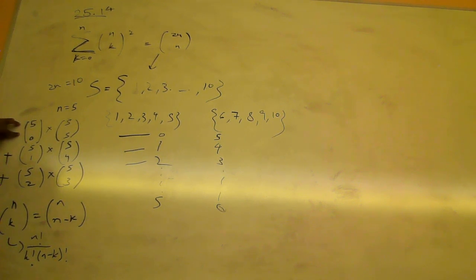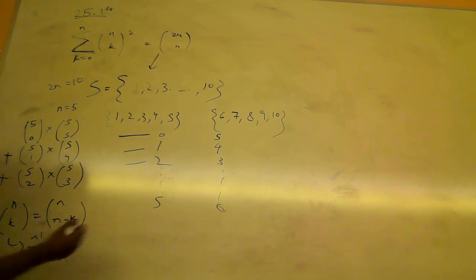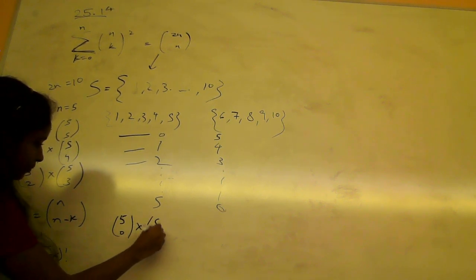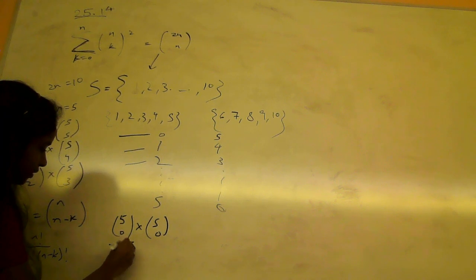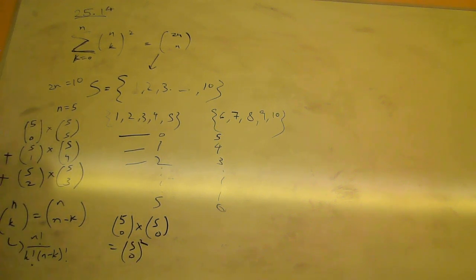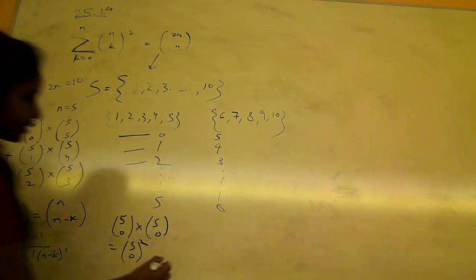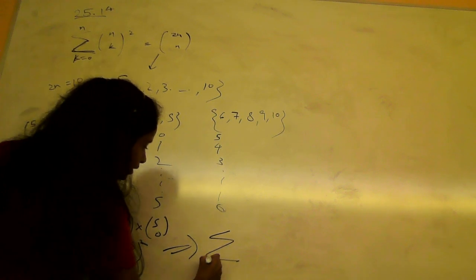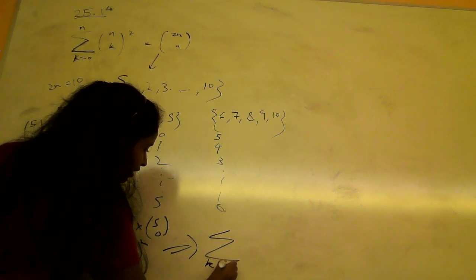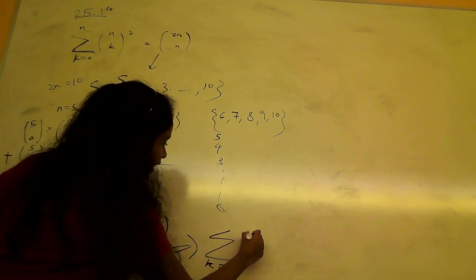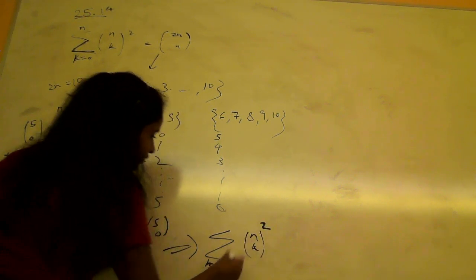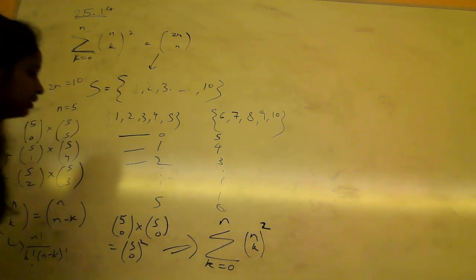So 5 choose 0 times 5 choose 5 can be written as 5 choose 0 times 5 choose 0, which is just 5 choose 0 squared. In every single one of these cases, we can do that. So that will just be equivalent to summing up the term n choose k squared, where k varies from 0 until n.